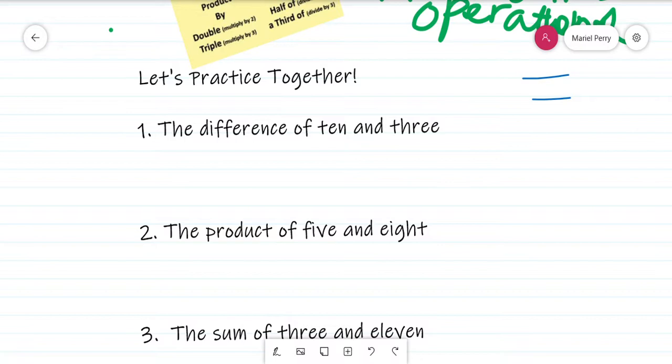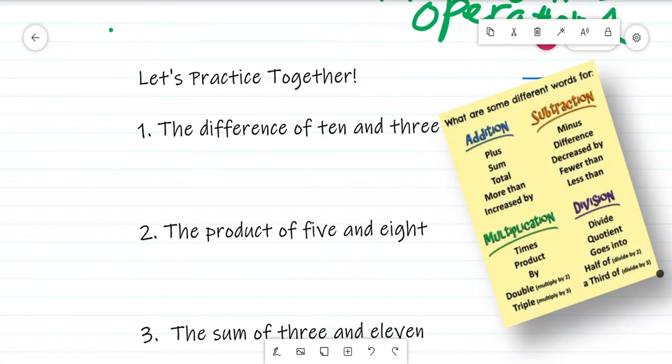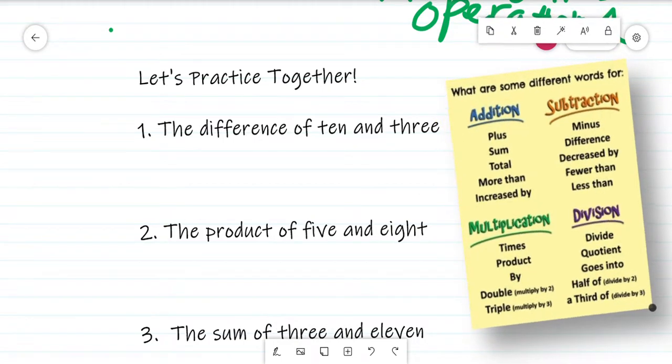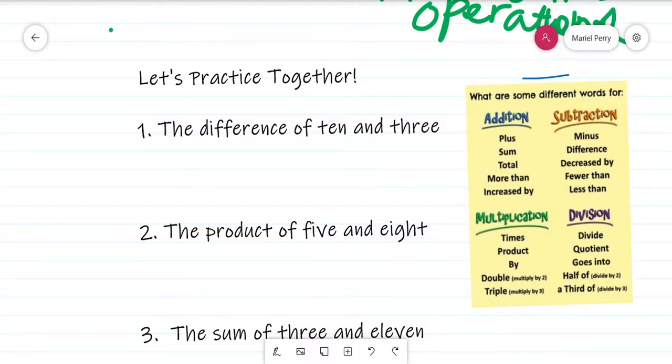Number 1 says the difference of 10 and 3. The difference of 10 and 3. I want to bring my key word chart right on down with me so that I can utilize this as a strategy chart just to see if I need a little bit of help with what I'm trying to interpret from the phrase.